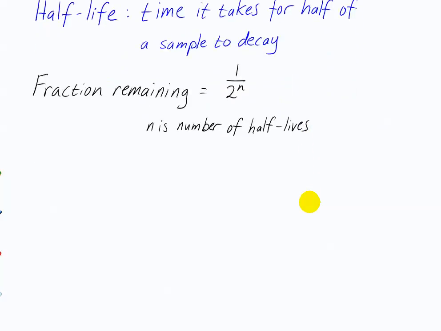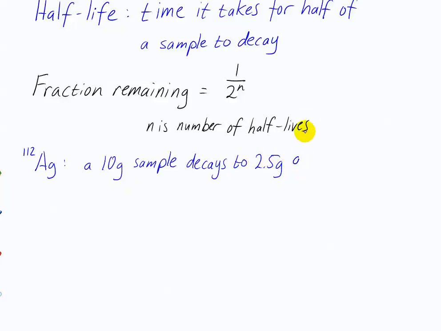So here are some problems that will use this. We're going to look at a sample of silver-112. A 10-gram sample decays to 2.5 grams in 12.4 hours.